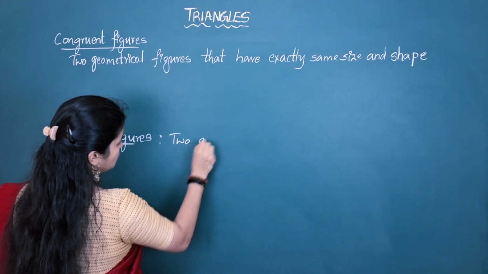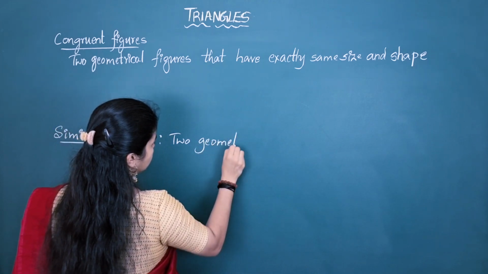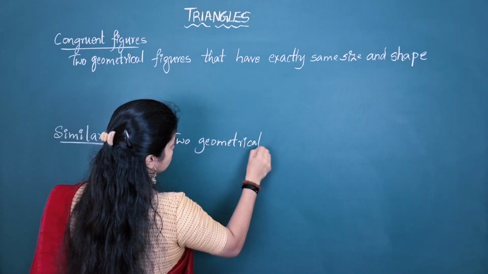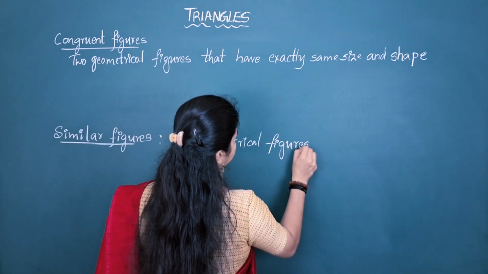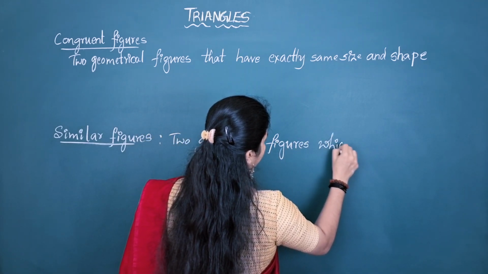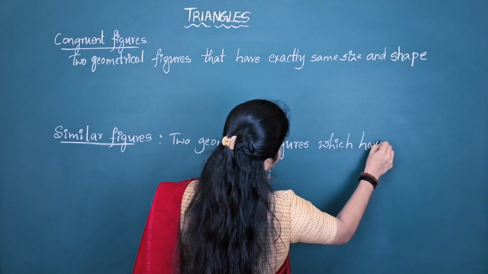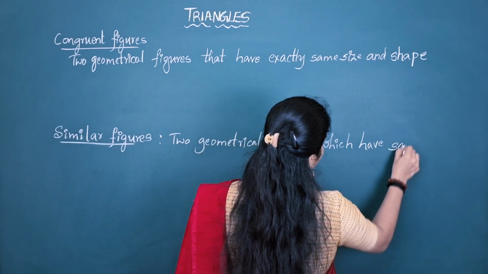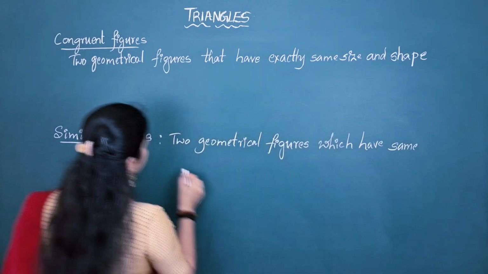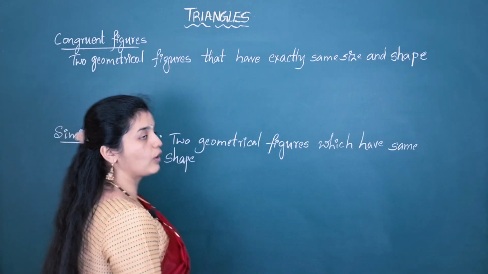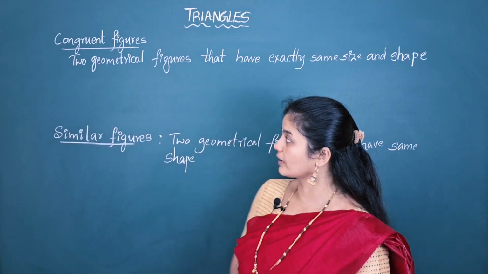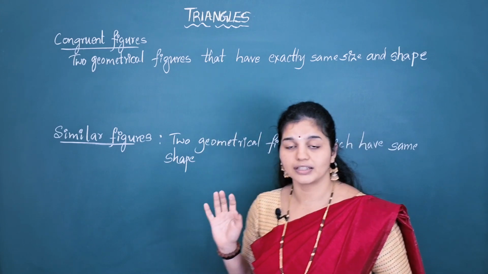So two geometrical figures which have same shape are called similar figures. Okay, so ಈಗ ನಮಗೆ ಡೆಫಿನಿಷನ್ ಏನಂತ ಹೇಳಿ ಗೊತ್ತಾಯ್ತು.